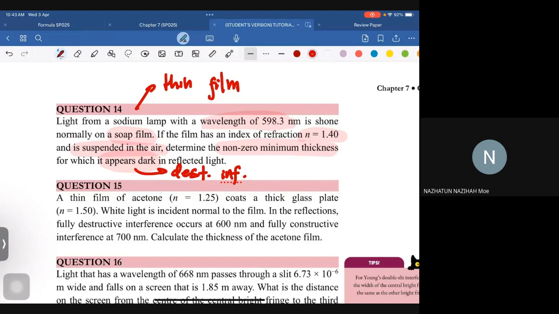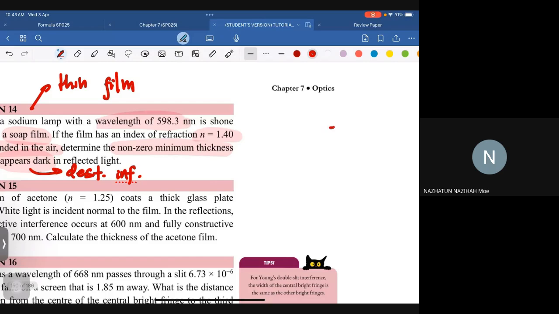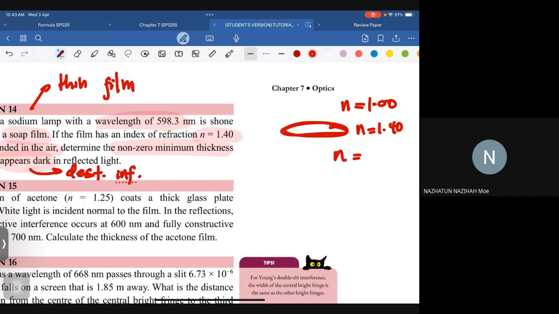And then this question is on soap film di udara. Okay, di udara. So sekarang ni, this is our soap film. So first kita punya air is 1.00. This is 1.4. The bottom layer should be air jugalah, sebab dia cakap dia suspended di udara. Okay.